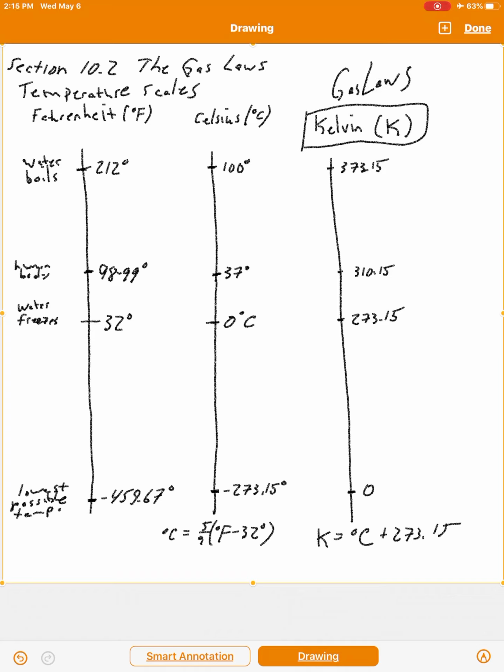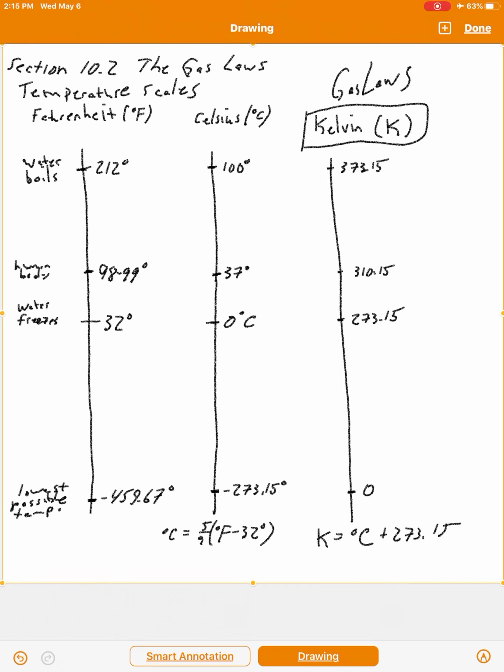Anytime we do calculations with gas laws, we want to use the Kelvin scale. And the reason for that is that at a molecular level and at an energetic level, negative temperatures make no sense. And 0 temperature, although it makes sense, is essentially never possible.